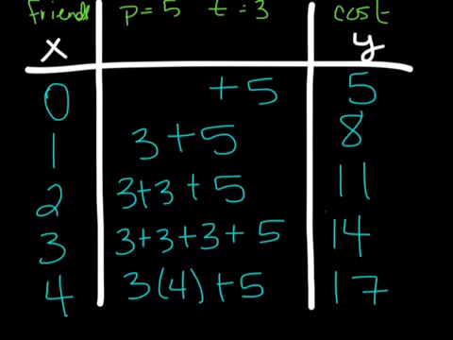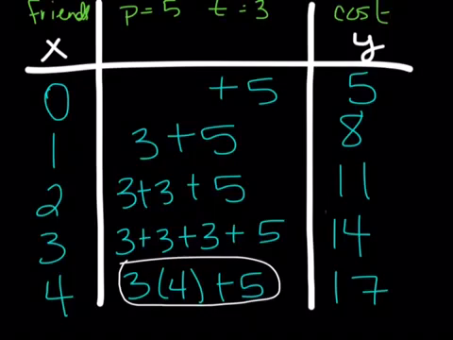So, I want you to look at this one right here. That kind of looks like an equation. I have my coefficient, which is my number I multiply by, in this case 3, times something plus 5. Well, where did I get that 4?